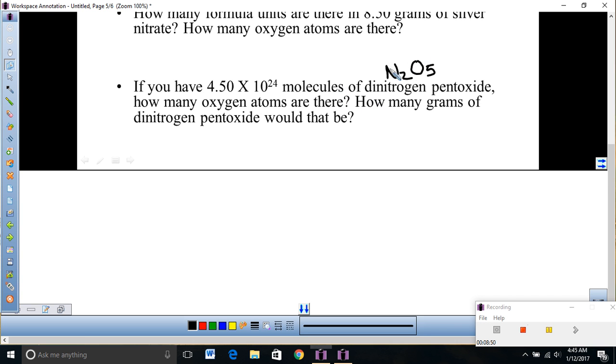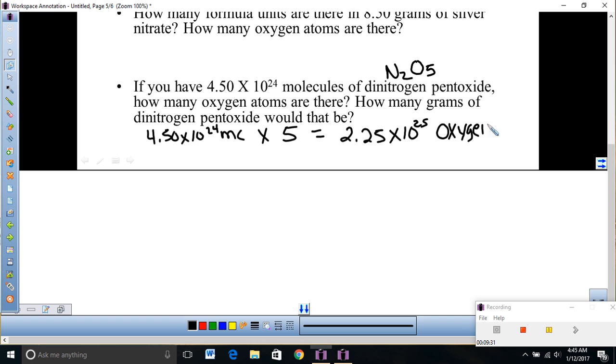Well, for every one of these molecules, there are 5 oxygen atoms, and I know how many molecules. So to answer that first question, I don't have to do anything special other than take my molecules and multiply by 5. If I were doing nitrogen, I'd multiply by 2. So we get 2.25 times 10 to the 25th oxygen atoms.